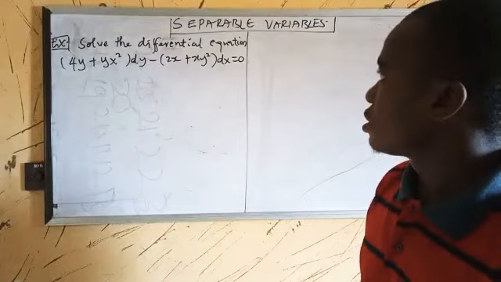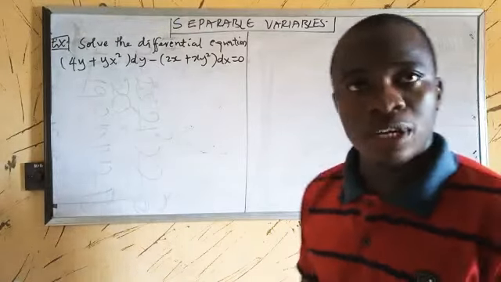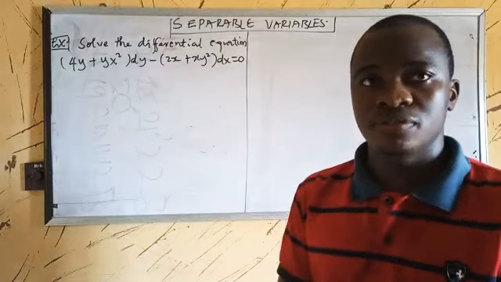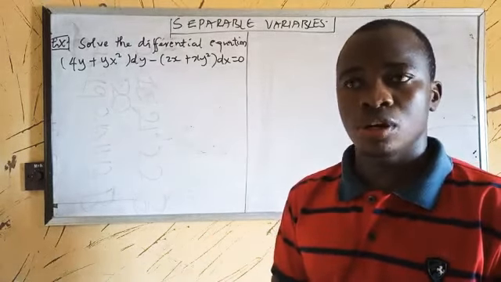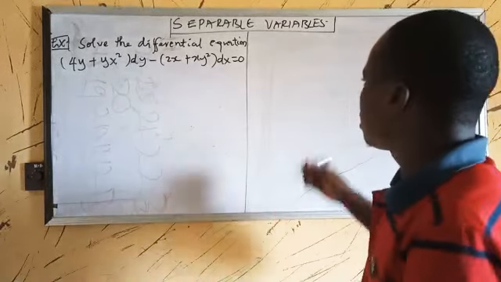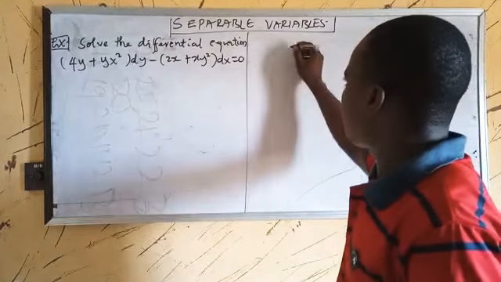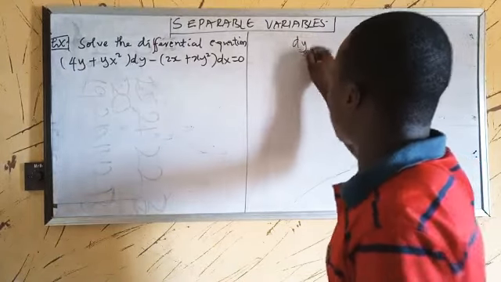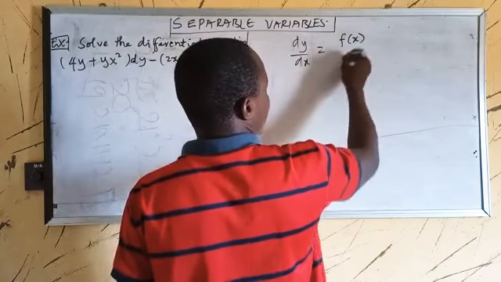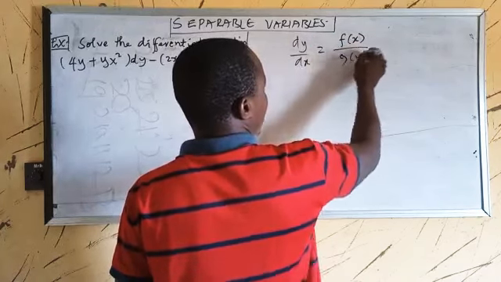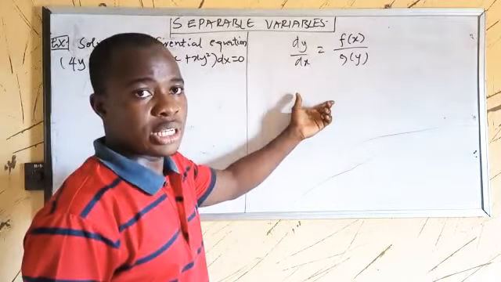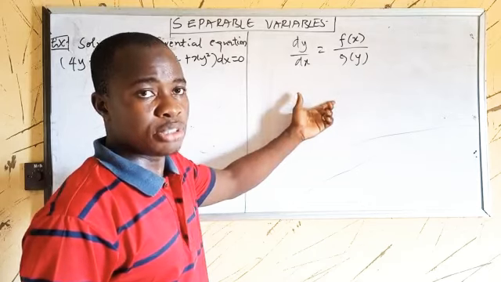So now, before we can solve this problem, I would like to give a brief definition of when we can call a differential equation separable. A differential equation of the form dy/dx = f(x)/g(y) is said to be separable.